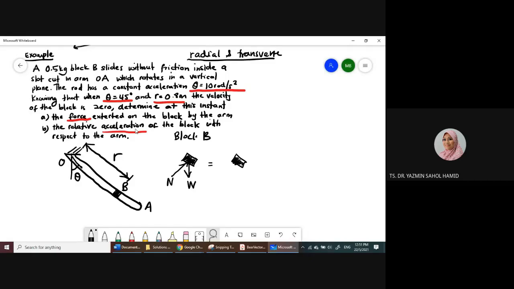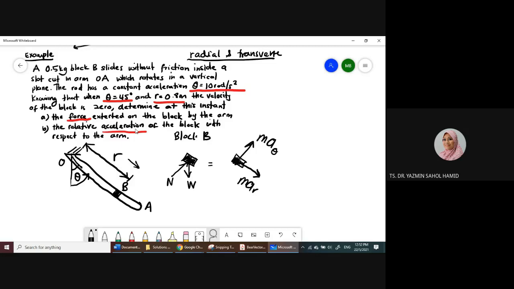Based on the key points given here, there's r, there's theta, so we know this is radial and transverse. It's not normal and tangential, and it's not the rectangular coordinate system. After that, we know this is the direction of our m a_r, because our r is going in this direction. And then the theta is going like this, isn't it? So we also have m a_theta. These are the two free body diagrams that you need to draw.